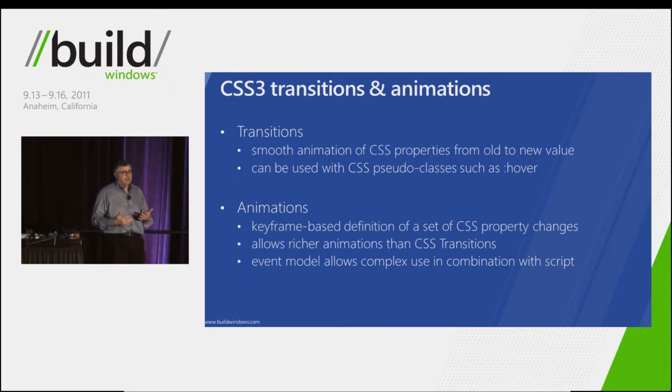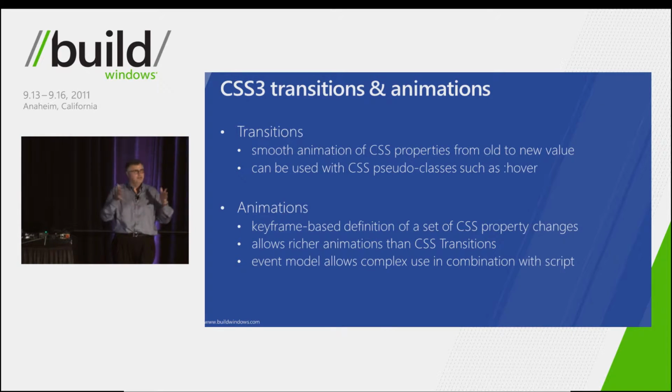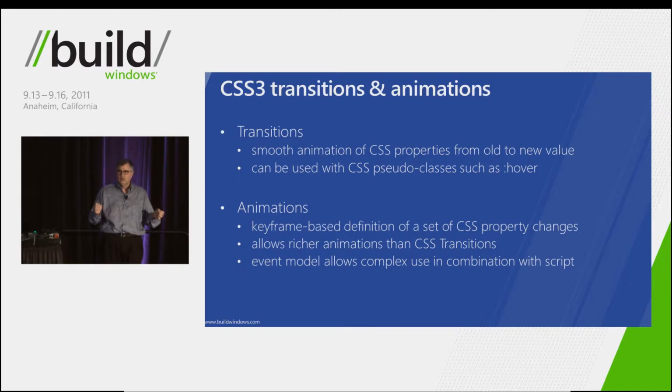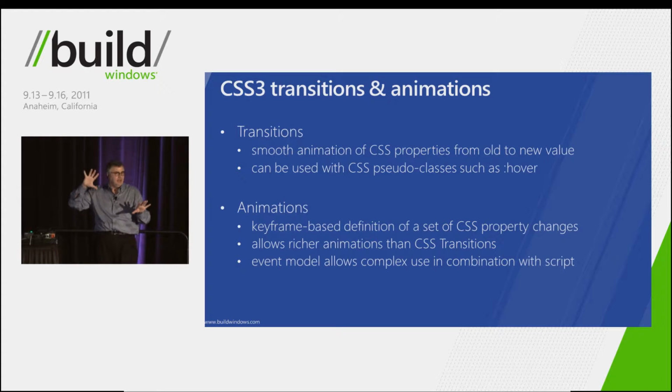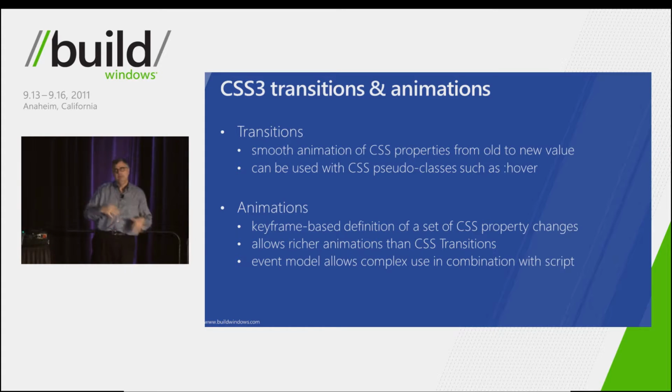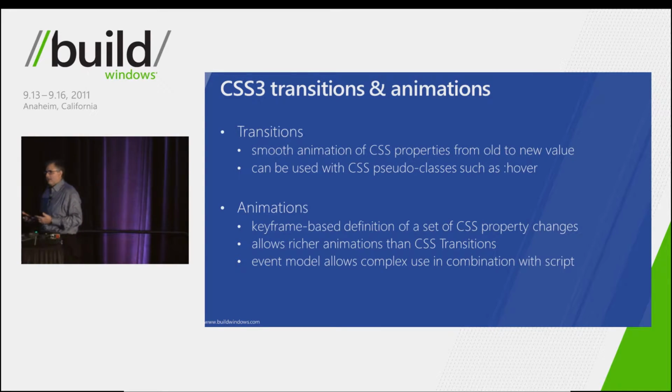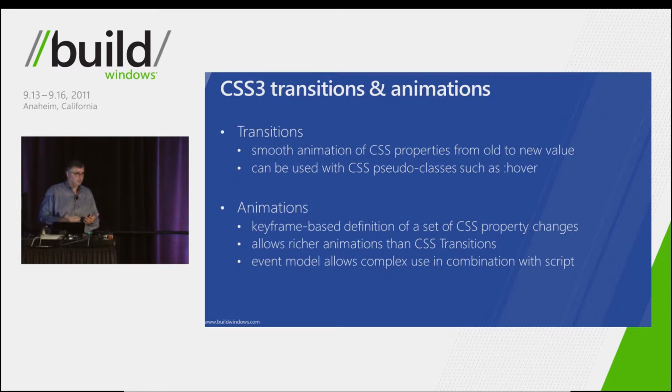Animations are more complicated. You have to set up the sequence of values and properties that you want to transition, but it also lets you do fun effects like bounces. It lets you start off taking something smaller and then taking it to the side. You can build those things with animations that you can't build with simple transitions.